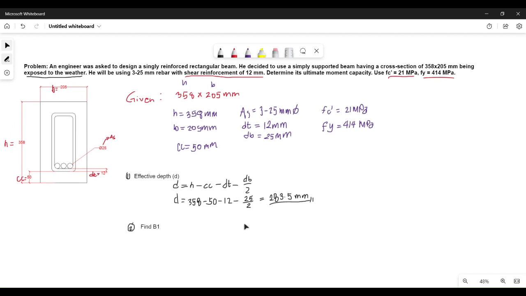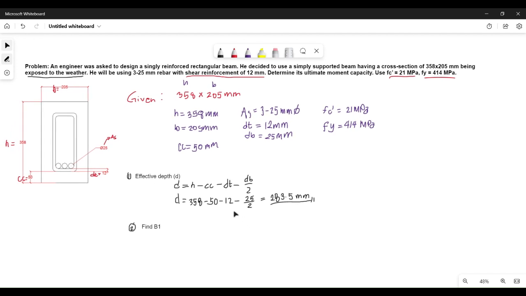According to our code, when your Fc prime is greater than or equal to 28 MPa, you will use this for finding beta 1.